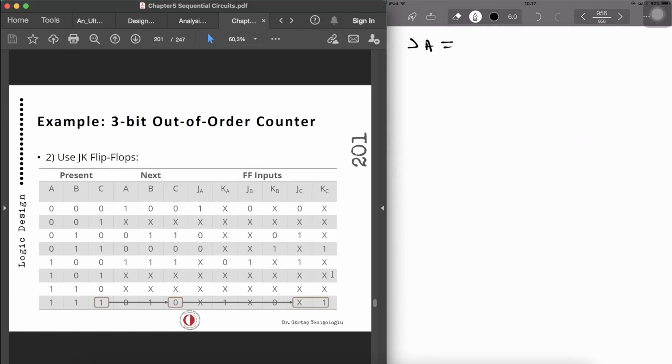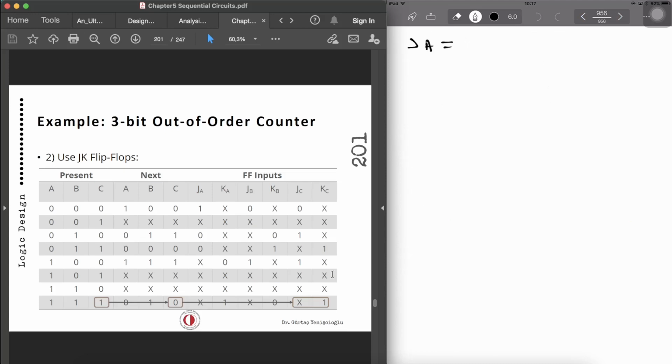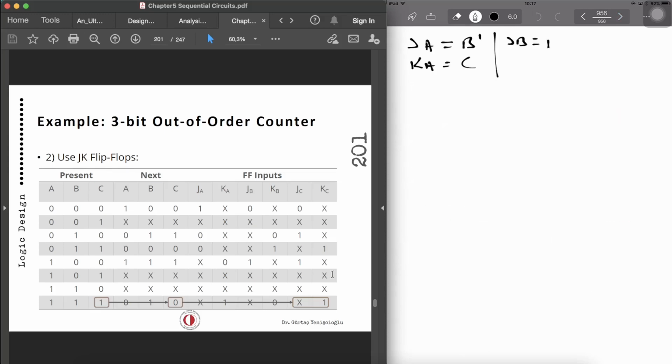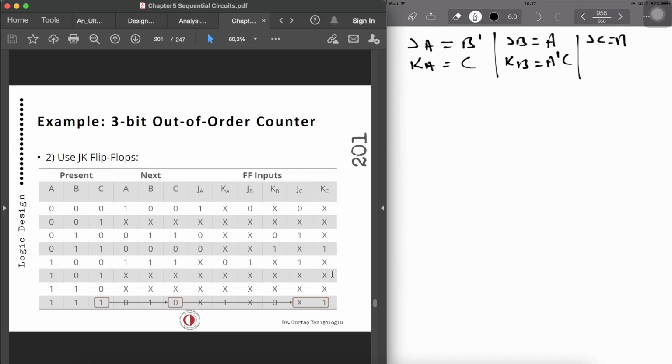JA is B prime and KA is C. JB is A and KB is A prime C. JC is A plus B, and KC is just 1.